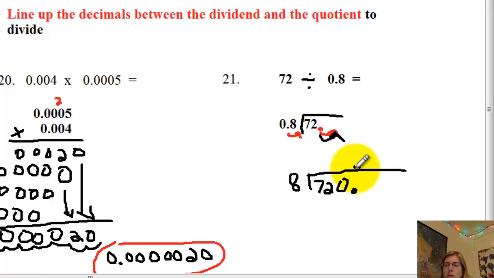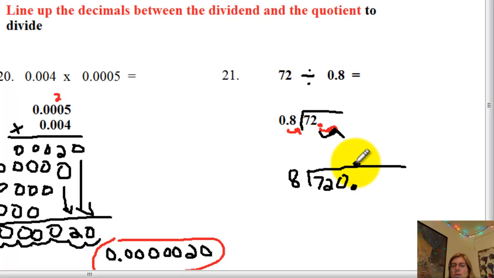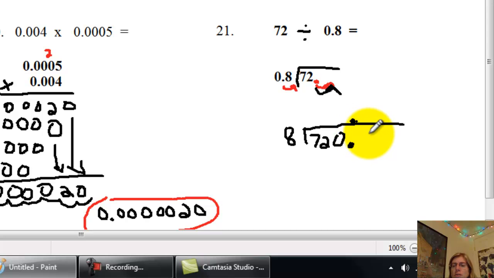Okay, and this is where you line up your decimals between the dividend and the quotient. And it would be smart to add zeros after you've added that decimal place, but do not do that up here. So now we're doing 8 into 72, which goes 9 times.